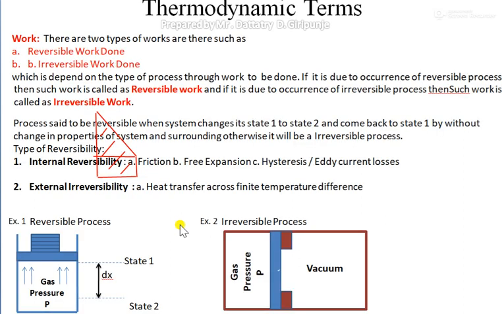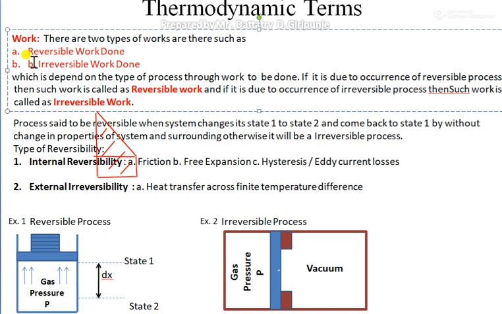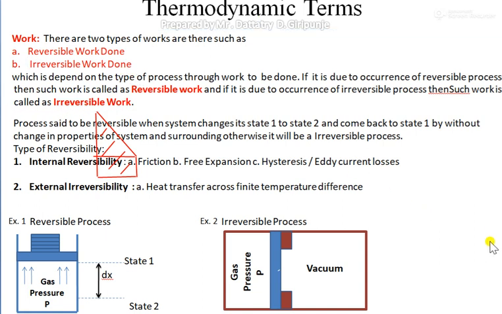Basically there are two types of work done. One is the reversible work done and the second is the irreversible work done. The reversible and irreversible work done depends on the process, whether that work done occurs due to a reversible process or an irreversible process.